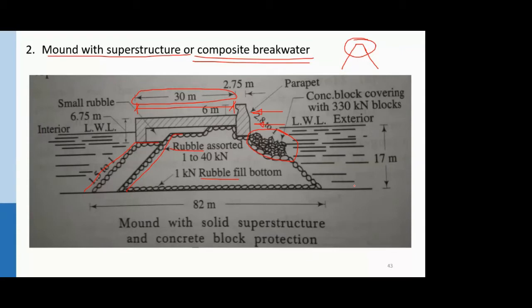If any of you have been to jetties in Mumbai, Konkan or Goa, when they transfer people from one bank of the river to another, or one shore of the sea to another, they transfer them to the jetty, and from that jetty they go on towards the land area. So these composite breakwaters can be used as a jetty as well.